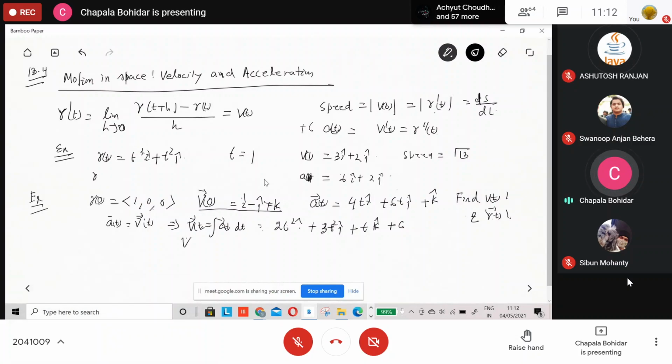When you integrate x square dx, what do you write? It is x cube by 3 plus c, or not? Then the constant will be added to each and every component of that vector. Now you have to find it from the value of v0.